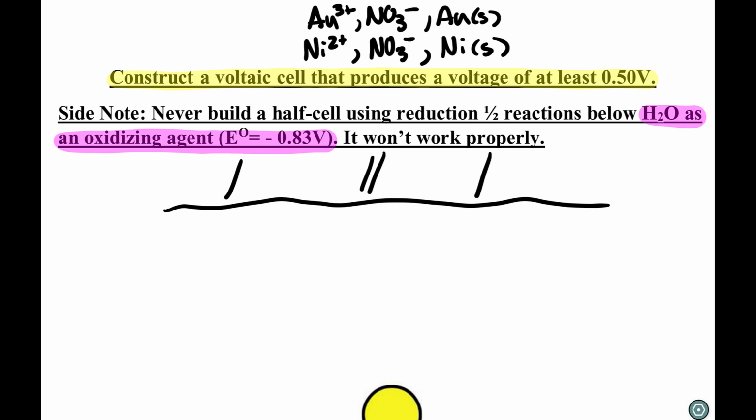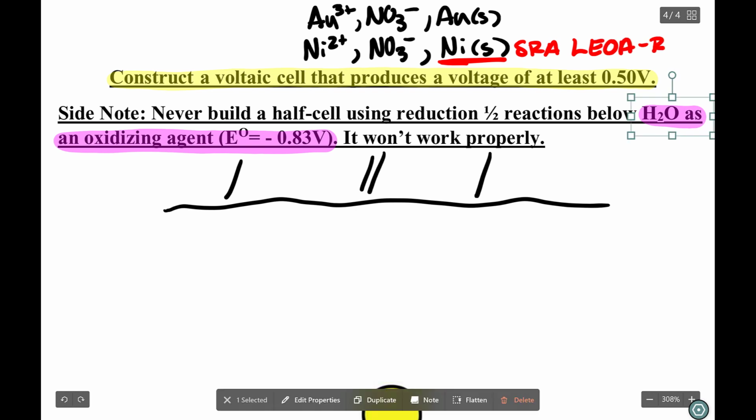Okay, let's review that answer. We knew that the nickel solid was the strongest reducing agent, and therefore it's going to lose electrons: oxidation, anode, RA. We found out that gold 3 was the strongest oxidizing agent, so it will gain electrons and undergo reduction at the cathode. The anode is always put on the left-hand side of the cell notation, so this should be nickel solid.